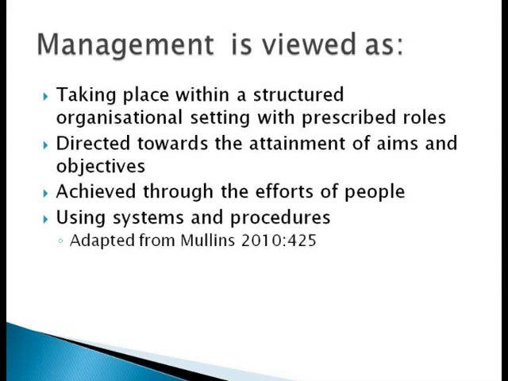Organise the setting with prescribed roles directed towards the attainment of aims and objectives, working through people using systems and procedures. So the manager is the person that requires people to do things, and the doing things takes place within an organisation with defined roles and responsibilities, timescales and so forth.